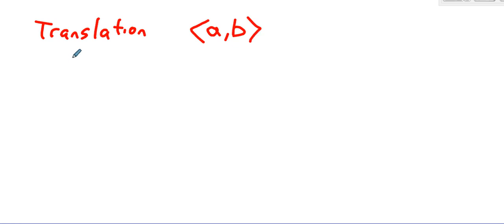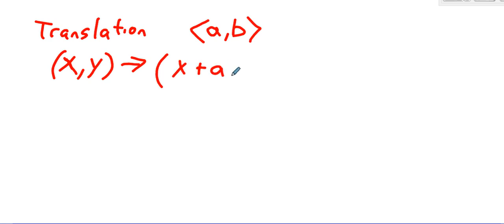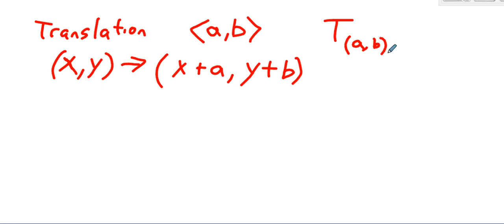That would be the same thing as our mapping rule, saying xy goes to x plus a, y plus b. Or you could, if you want to, even add this: translation AB means the same thing.